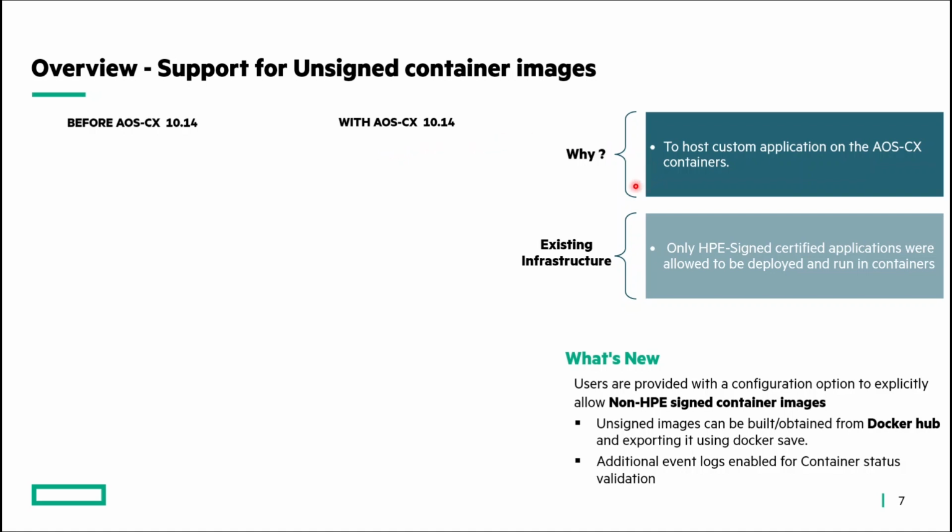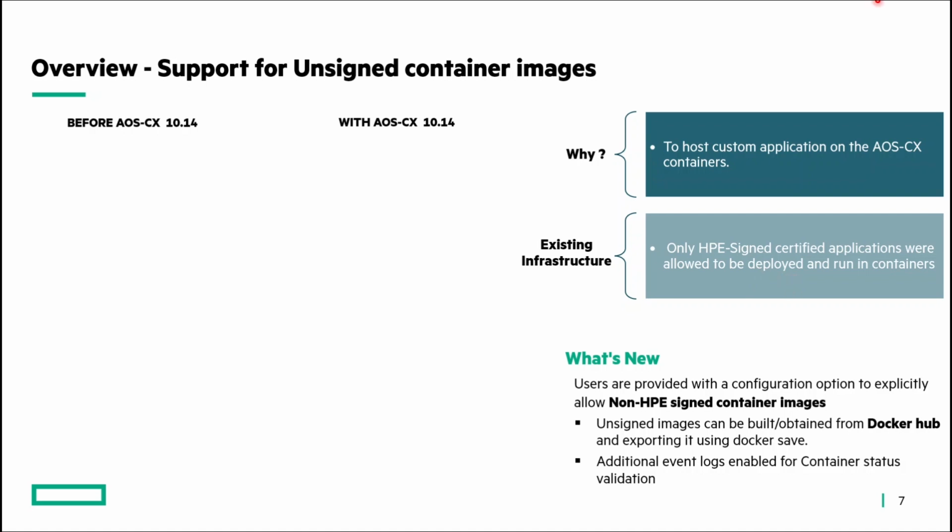So for users to host applications of their choice, they can now make use of CX containers, thus increasing the flexibility to host custom applications without imposing the restrictions for image signing. So in other words, users are provided with configuration options to explicitly allow non-HP signed applications or container images.